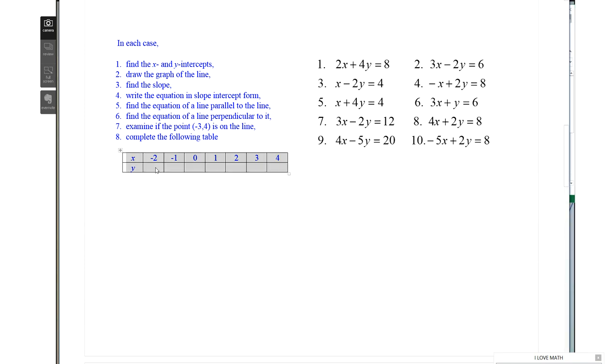So just transcribe the answer here. And that is it. So when I transcribe my answer, this is my answer table. That takes care of question number 8.